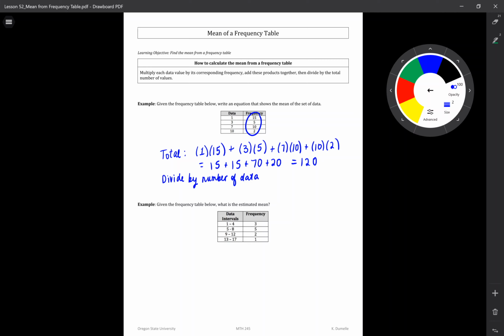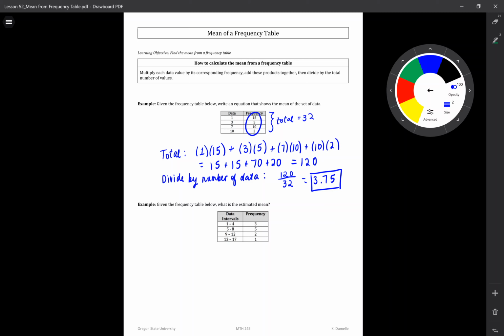So I'd take 15 plus 5 plus 10 plus 2, which is 32. So I take 120 and I divide it by 32, and this is equal to 3.75. So this is the mean, 3.75.